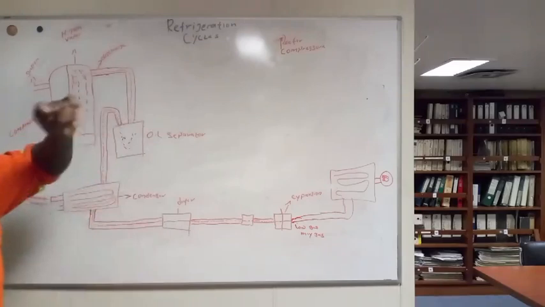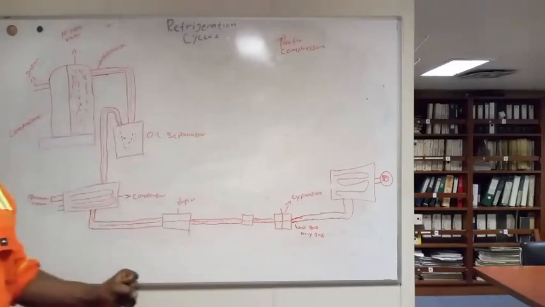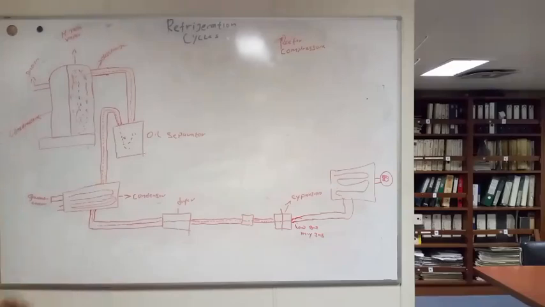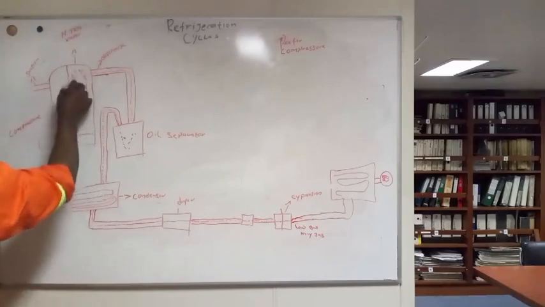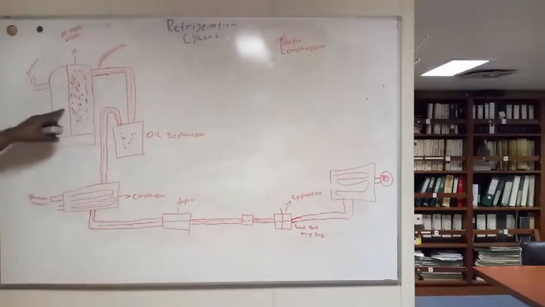Now, let me explain one more time. This is our compressor. This is our suction line. This is our discharge line. This is our high temperature vapor.